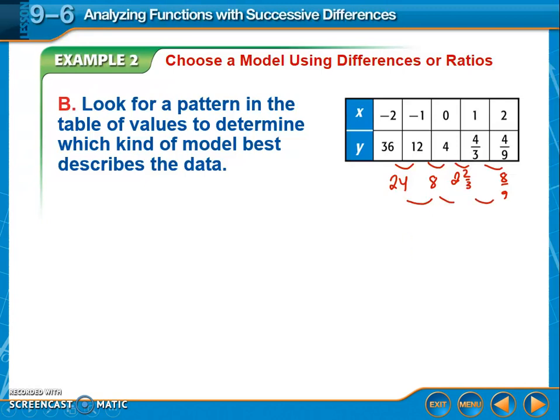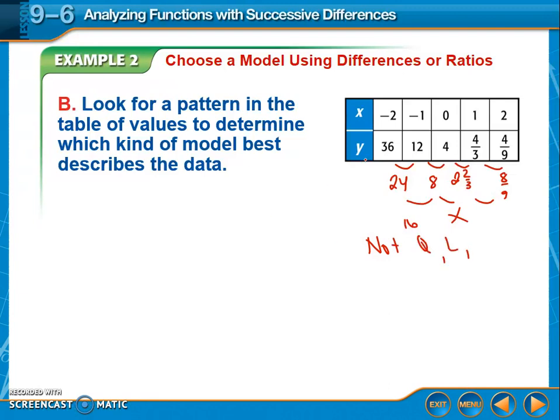If they are, it's quadratic. If they're not, then we want to check and see if maybe it's exponential. So 24 minus 8, I get 16. And then 8 minus 2/3, that's not going to be 16. So this is not quadratic, and it's not linear.